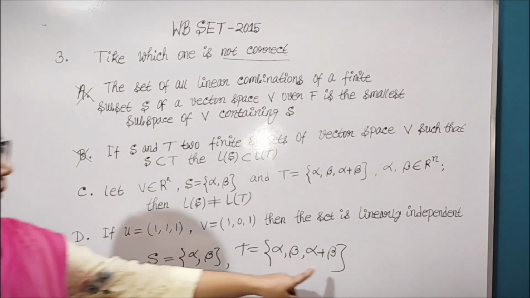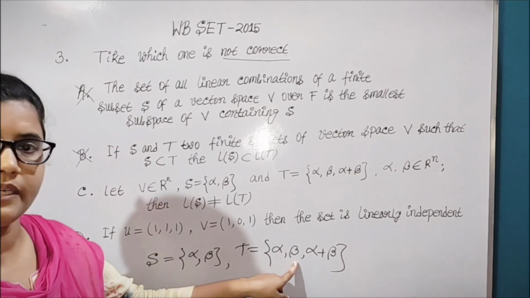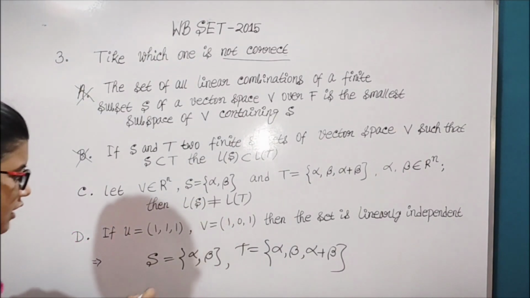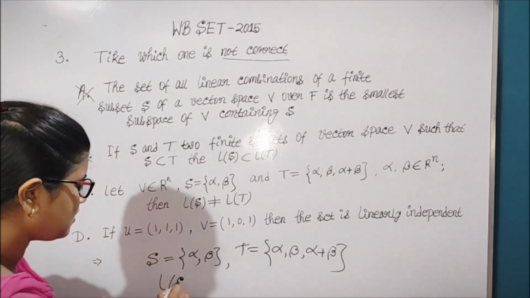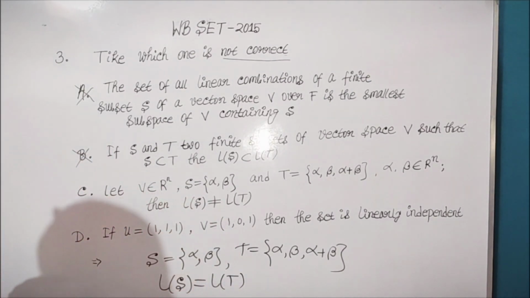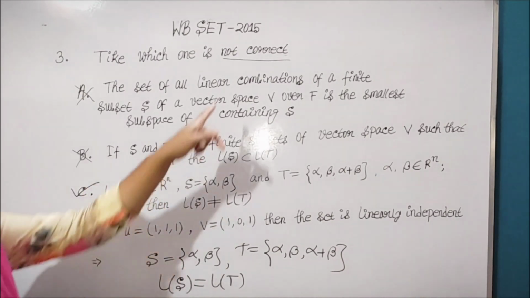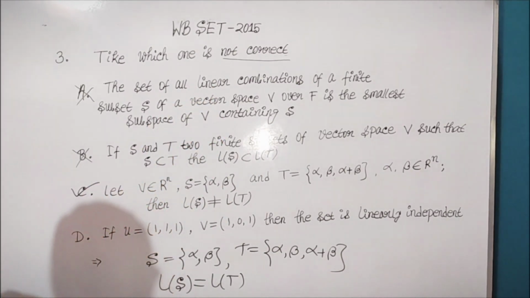So here alpha plus beta is a linear combination of alpha and beta. So L(S) equals L(T). So option C is false. So the answer is option C.